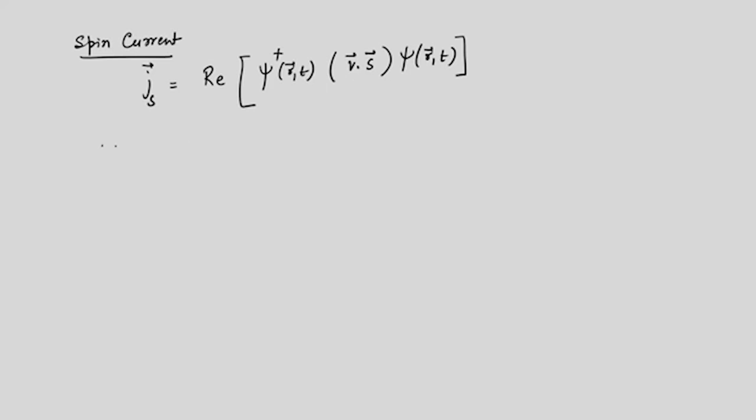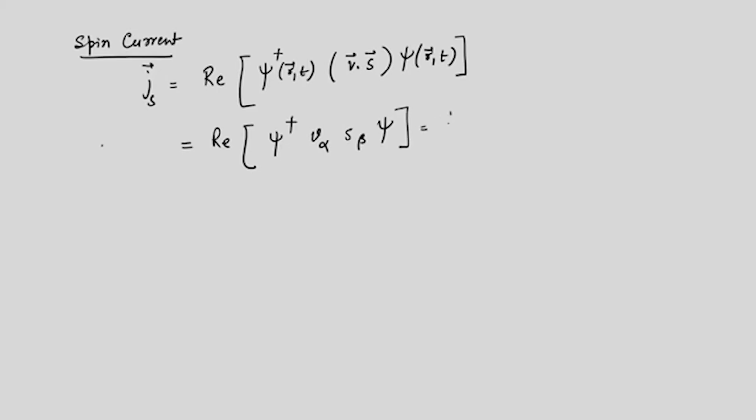So, this real part can be written as, inside the real part, psi dagger. I am not writing the R and T dependence, which in general it would depend upon, and this is equal to a V alpha and a S beta and a psi.